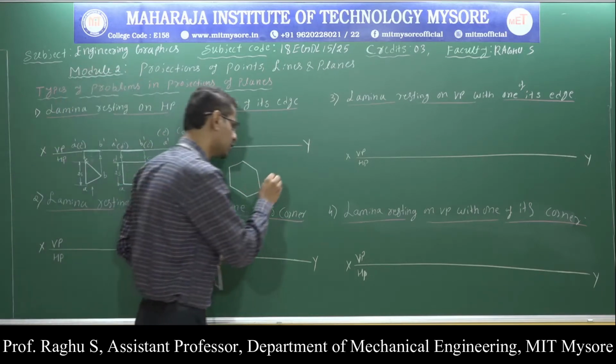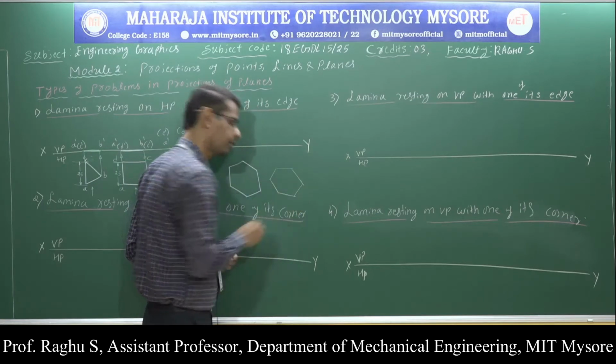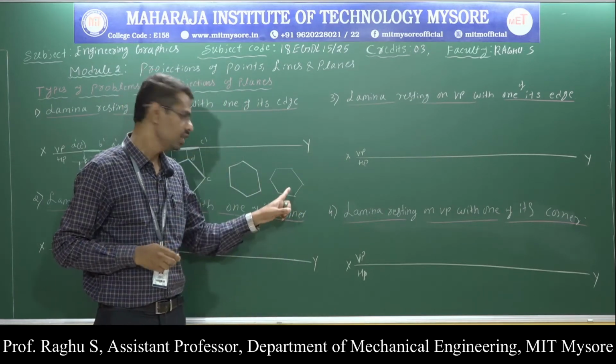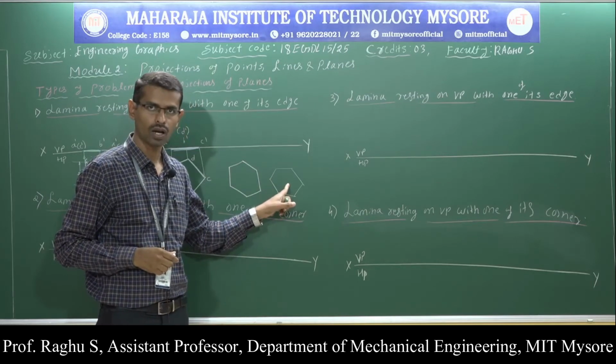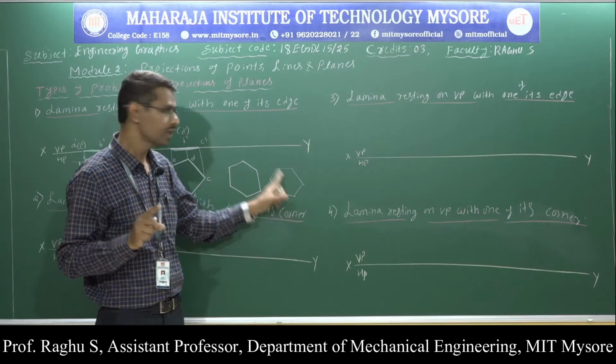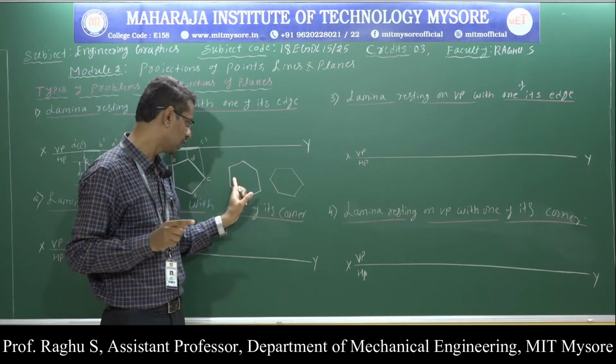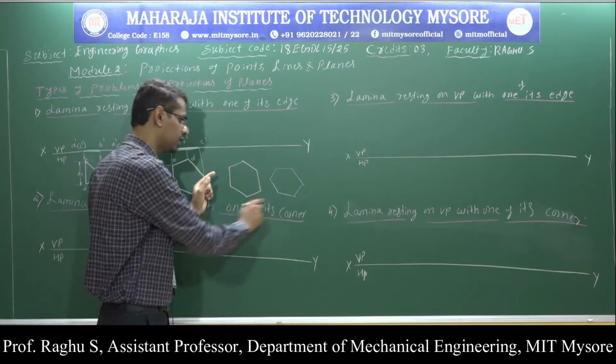Suppose you construct a hexagonal lamina like this, so this is wrong. As per this condition, this is wrong because in the problem the lamina is given resting on HP. This is the HP zone.